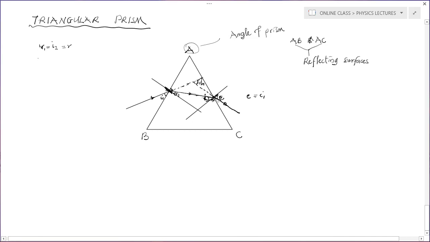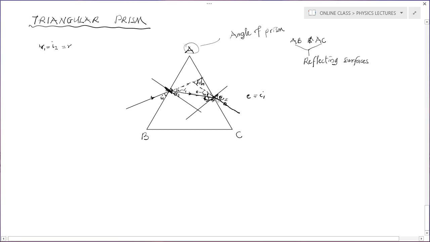If you look at it very well, here is called I1 minus R1. Here should be what we call R2 really, but it is E minus R2 if you look at it very well.